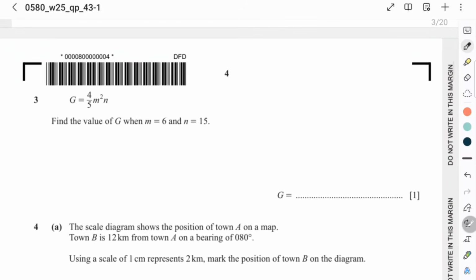Question number 3, g is equal to 4 upon 5 m squared n. Find the value of g when m is equal to 6 and n is equal to 15.